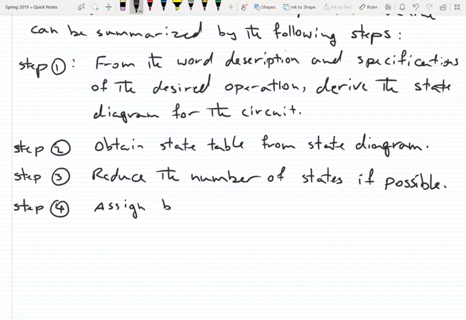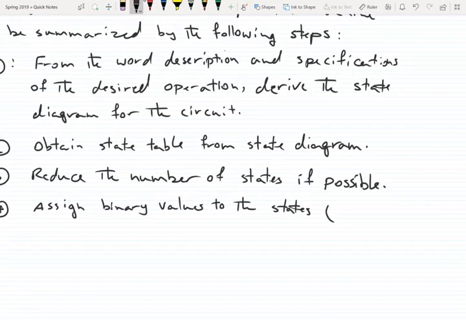Assign binary values to the states, which we call state assignment.